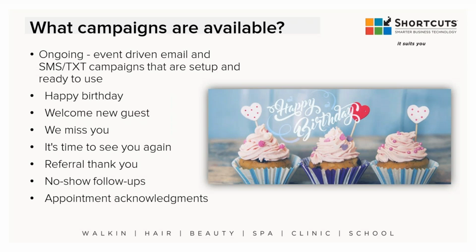The wording is there, the subjects are there, and even the ability to automatically put in your company logo. All of that is set up for you. You're welcome to go in there and make edits. Every one of these templates, every one of these campaigns, actually sends on a specific day and time. So if you're not currently using it, this is a list of what is available.